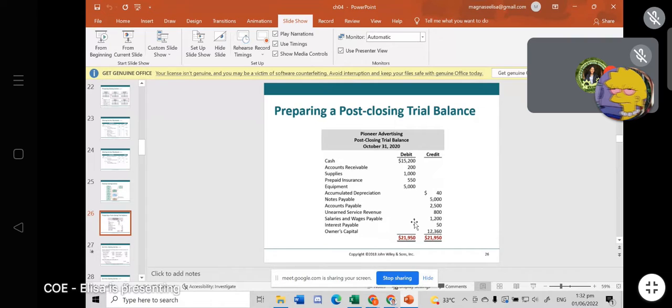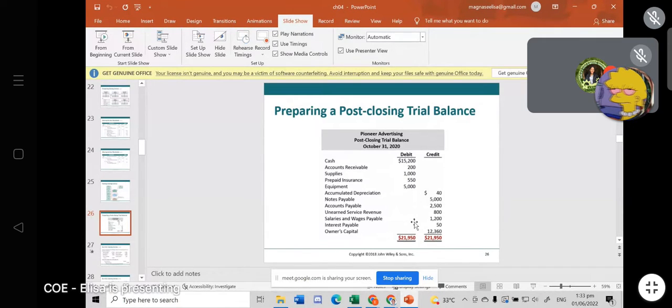Comes November, that again is the beginning of another accounting period. Your balance sheet accounts are the picture or the snapshot of the accounts for the moment as of the given date.